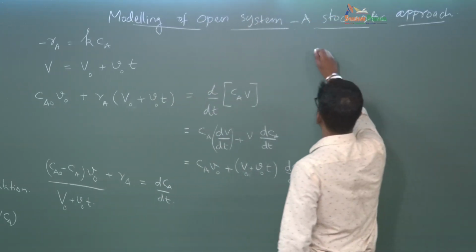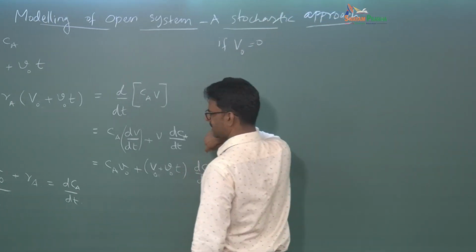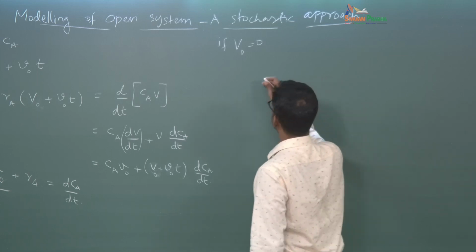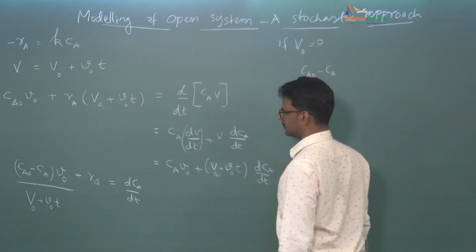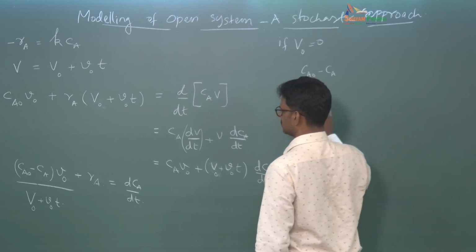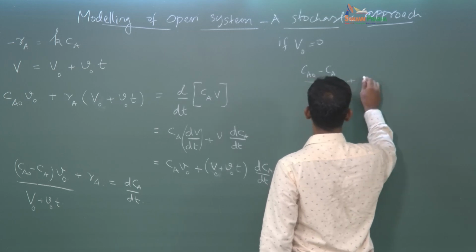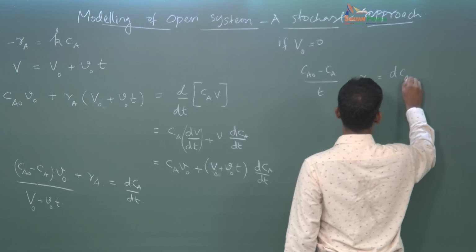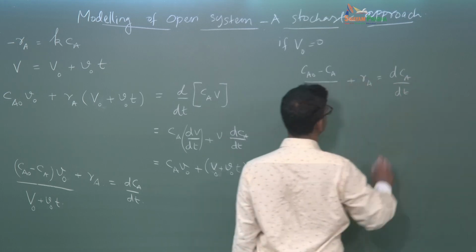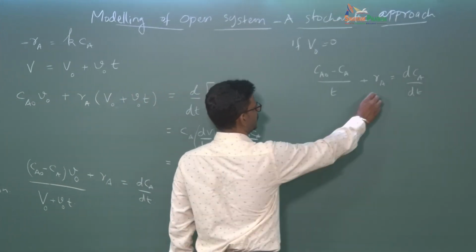Suppose if you take initial volume is 0, this becomes a little simpler. Now we can substitute for Ra.